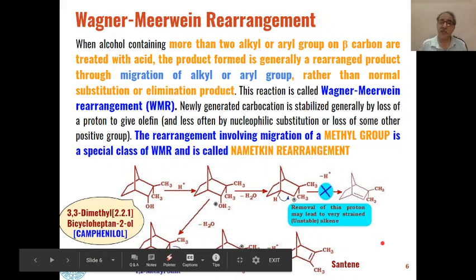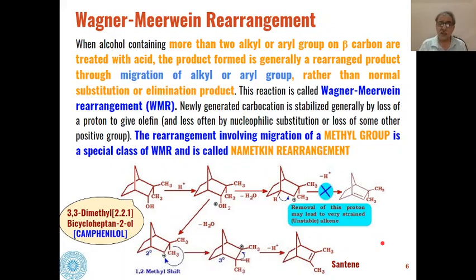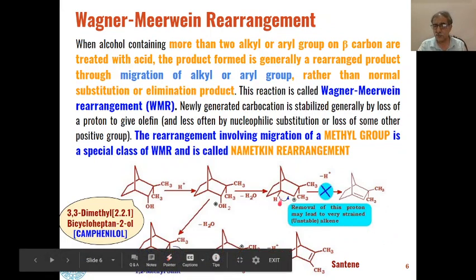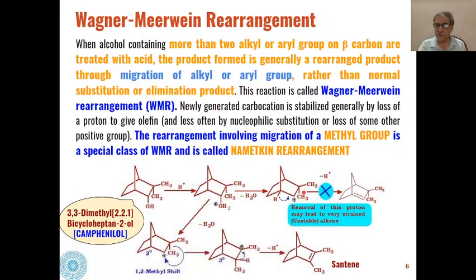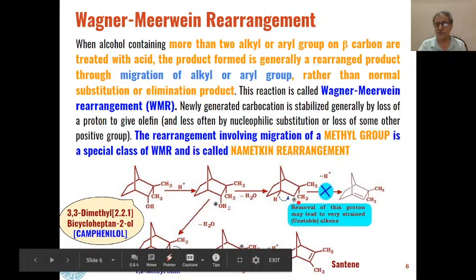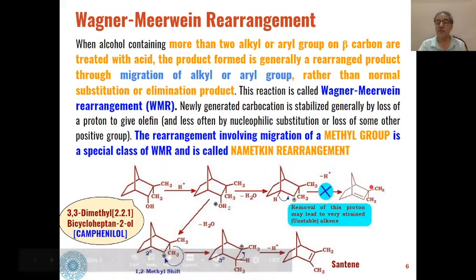Now this carbocation can either lose this proton, or a shift of the methyl group from this place to this place can take place. But if this hydride is shifted to form a carbon-carbon double bond at this place, then the product formed will be a strained product. This type of alkene is not very stable, so it will not go in this direction, and this alkene will not be formed.